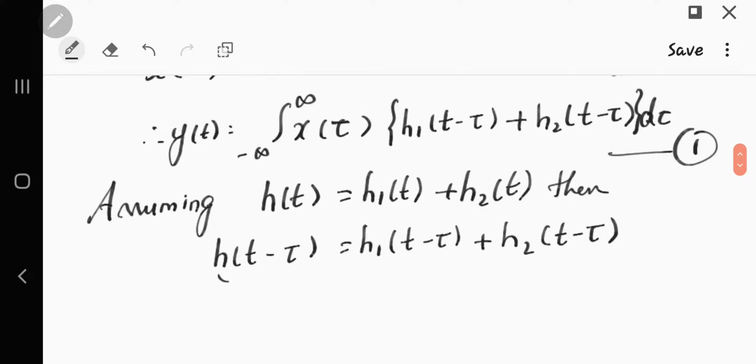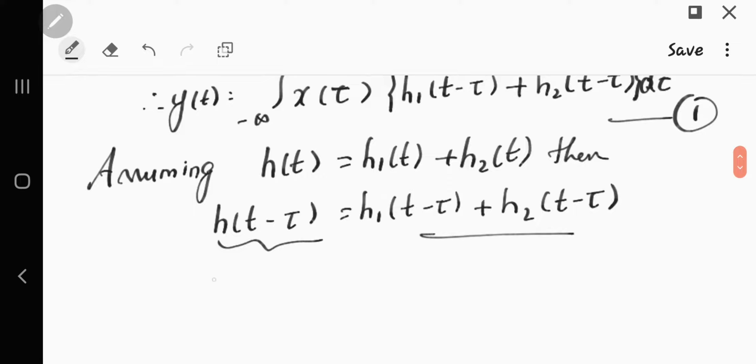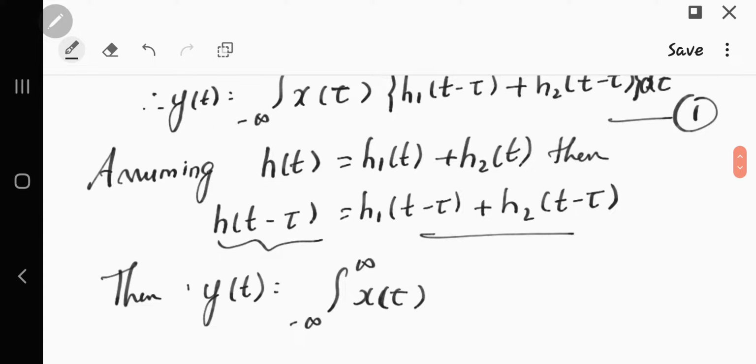Now I can replace this in equation 1. If I do that, then y of t is equal to the integral from minus infinity to plus infinity of x of tau h of t minus tau d tau.